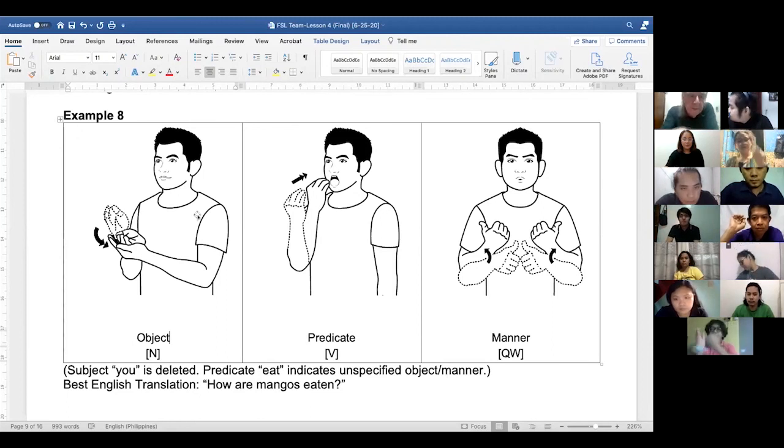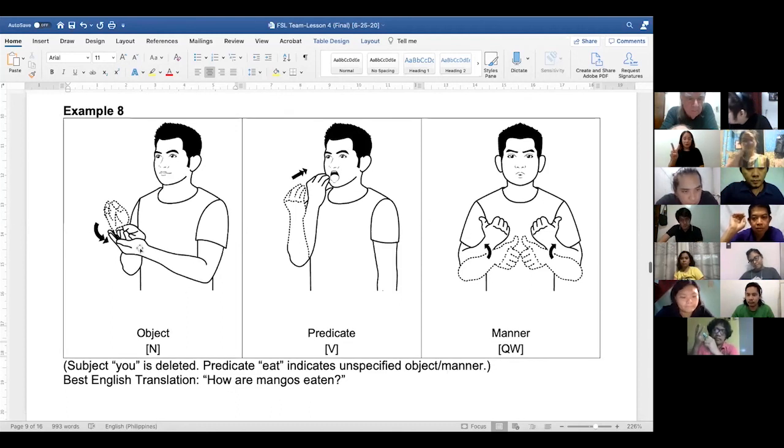So yes, object, verb, manner. Okay, good. And we're saying that this is just a general sign for eat, not specified. Yes, Dr. Woody. Okay. Number 9.